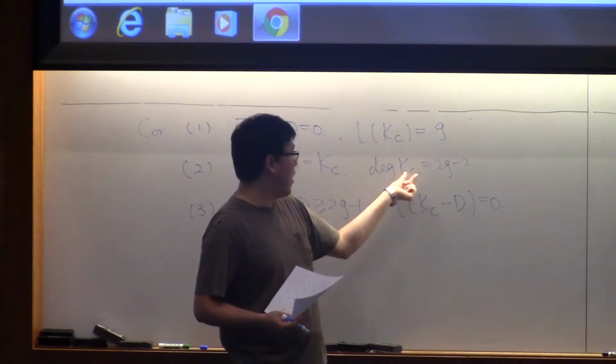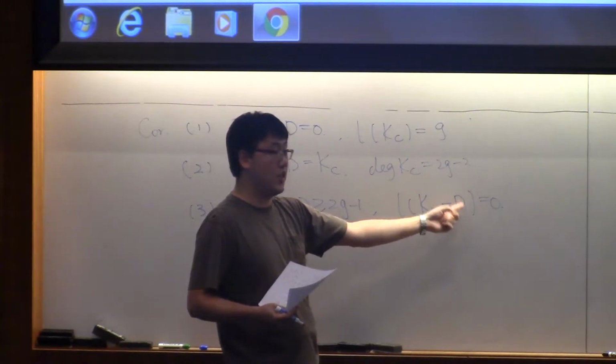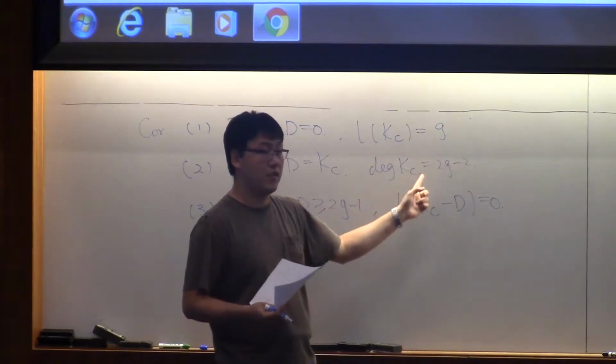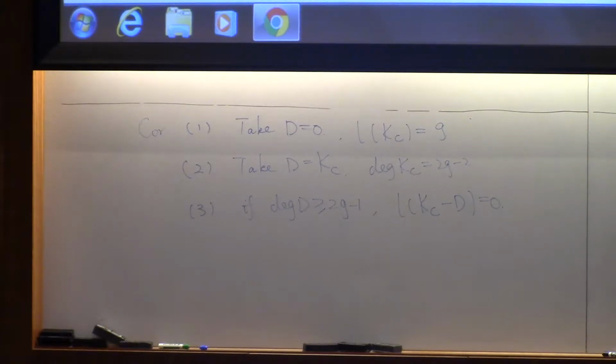Because the degree of this divisor is 2G minus 2, and the degree of the divisor D is bigger than the degree of this divisor. So this is a divisor with negative degree, and you use the last part of this remark. This dimension must be 0.